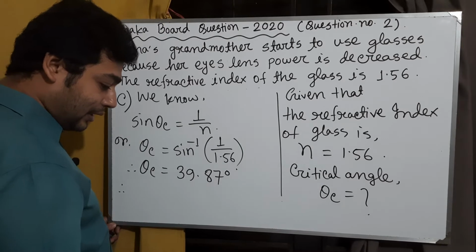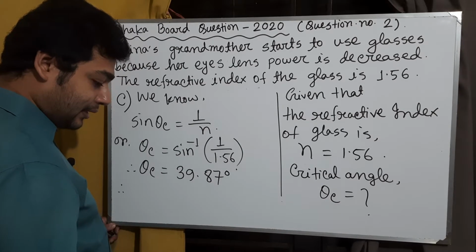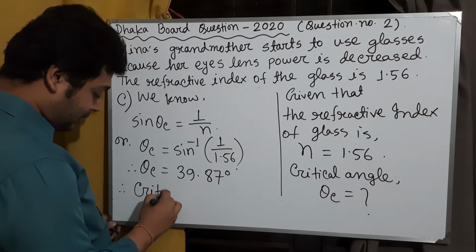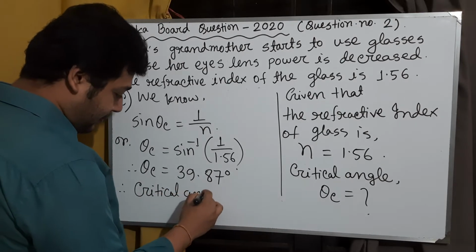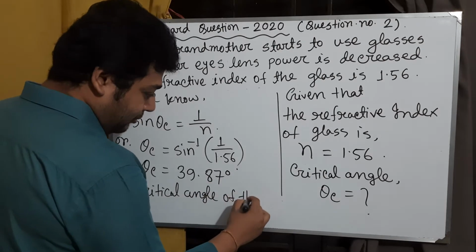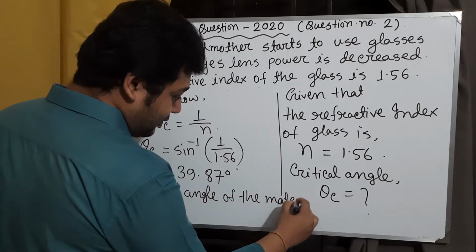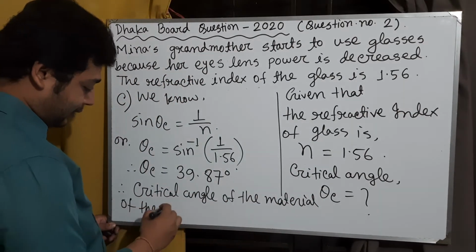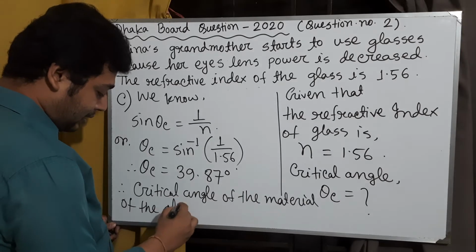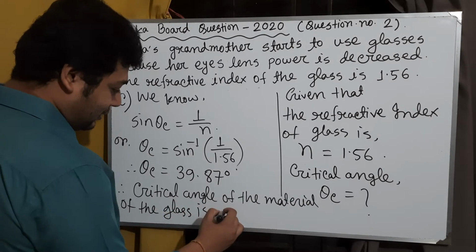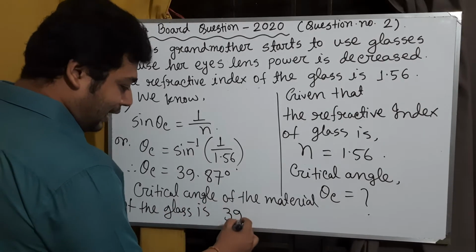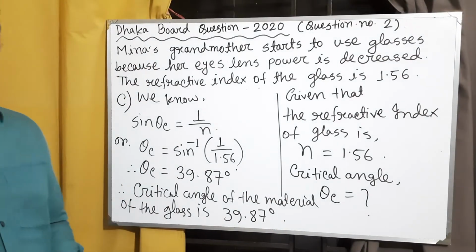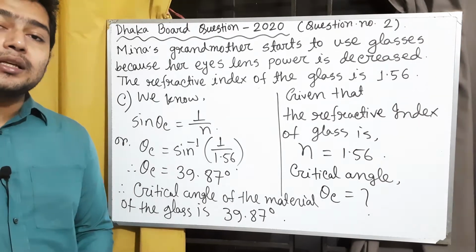So the critical angle of the material of the glass is 39.87 degrees. This is the answer for question C.